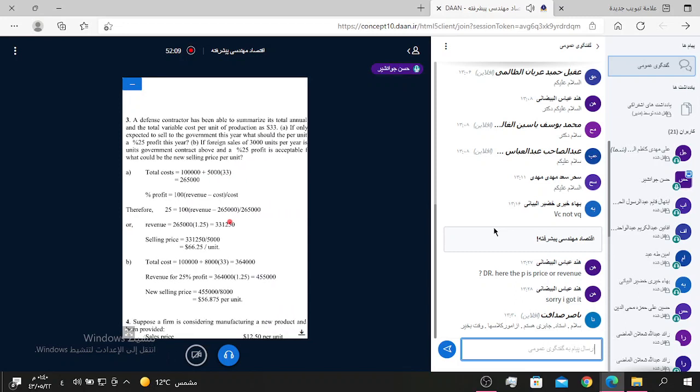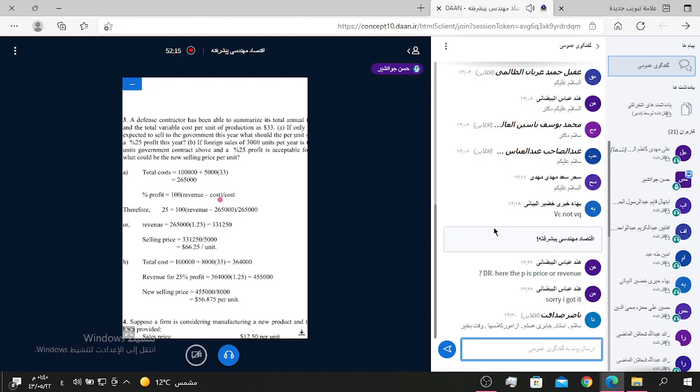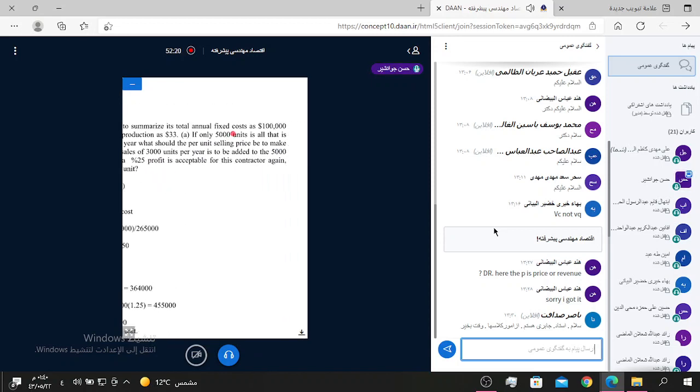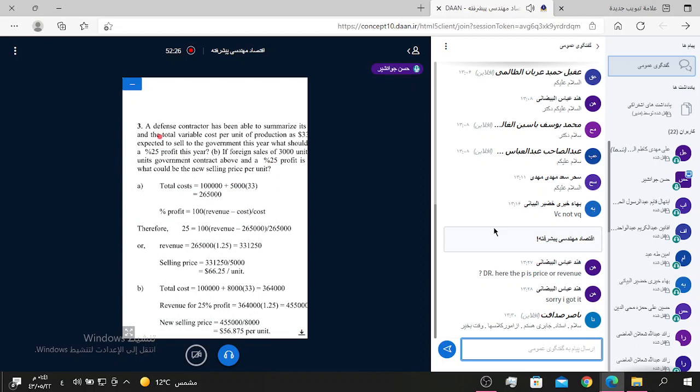Example 3. The defense contractor has been able to summarize its total annual fixed cost at 1,100. Fixed cost, FC or F, is this number.